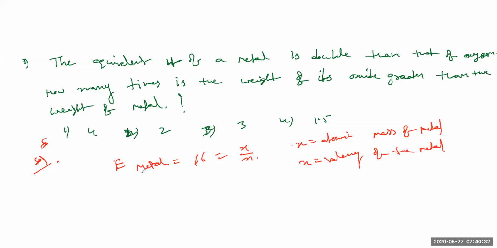We know the molecular formula of the oxide is M2ON. N means you don't know the valency, you are going to calculate that only.